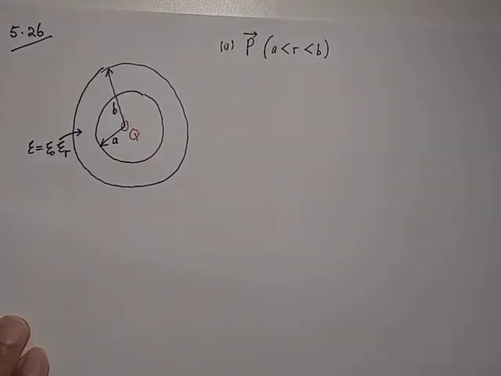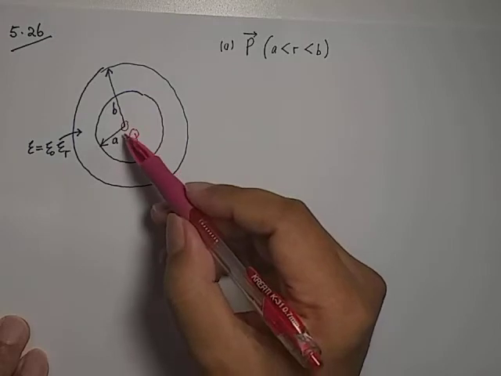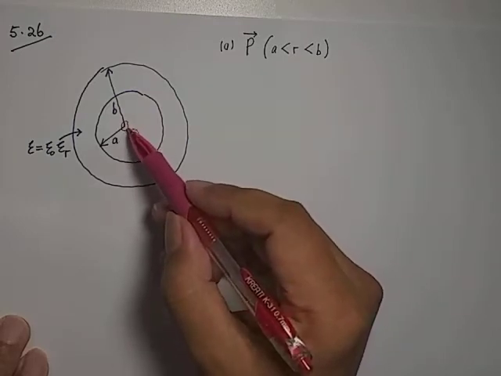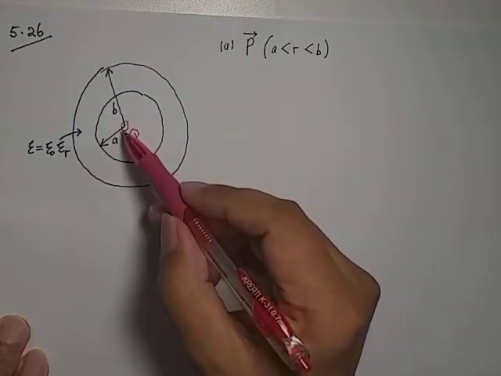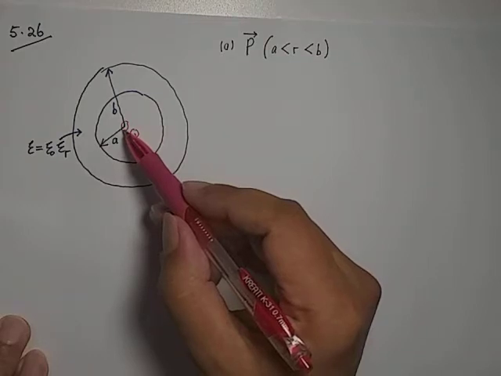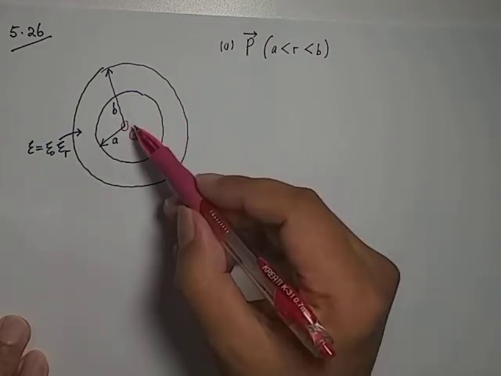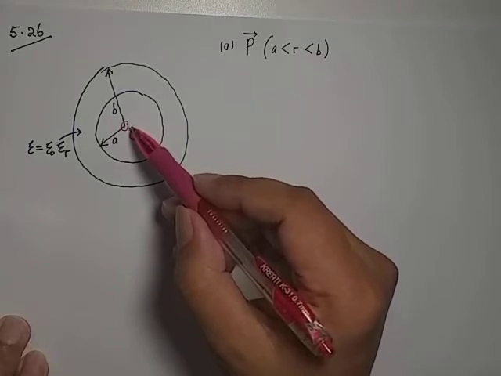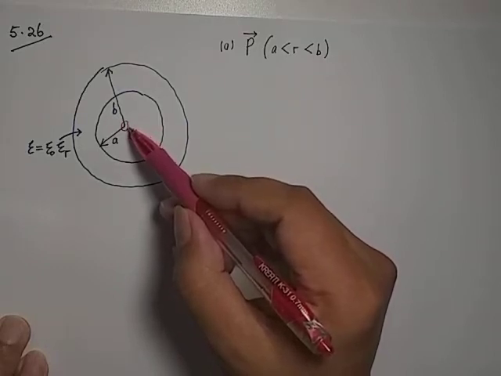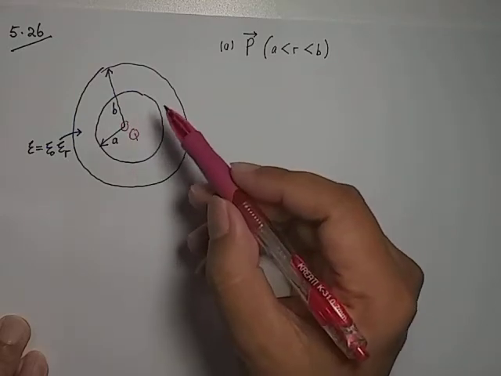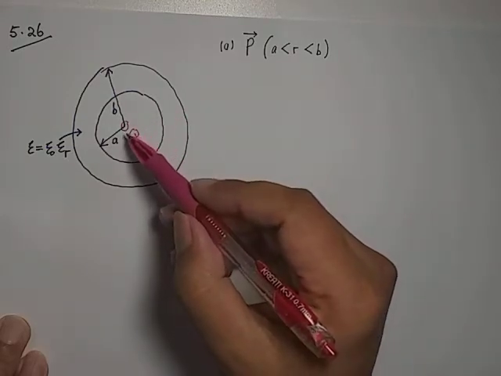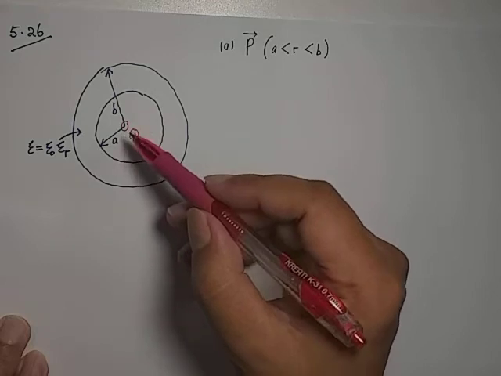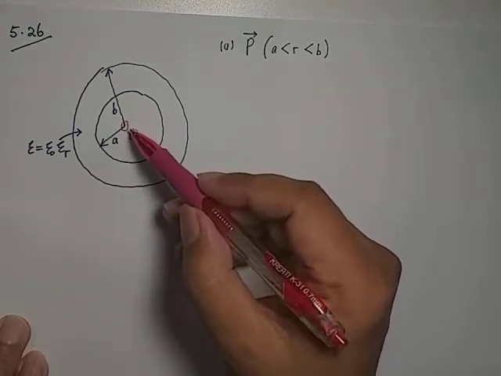Okay, so let's talk about this problem now. Since we are placing a point charge here, this point charge is going to emit what we know as an electric field. In terms of electric field, you can represent it either as electric field intensity or electric flux density. That's what we need to find now. What is the electric field coming out from the point charge?